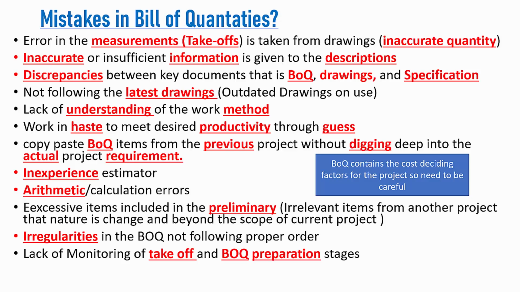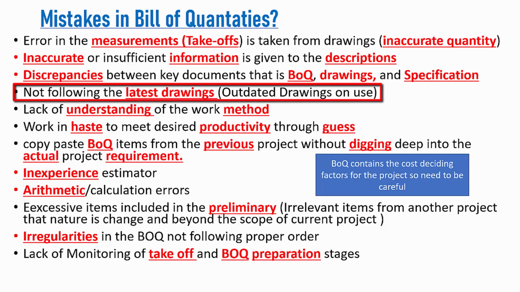The number 4 point is not following the latest drawing. This is one of the most common mistakes that we have seen when working in a construction project. This is mainly due to laziness, and if the document controlling system is not effective or efficient, there is a chance of this kind of mistake happening.